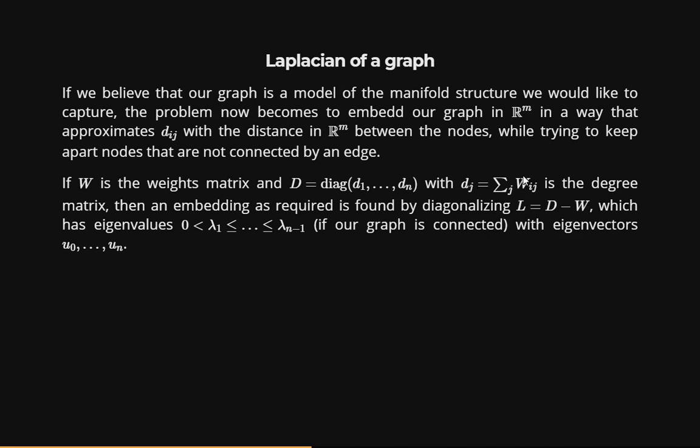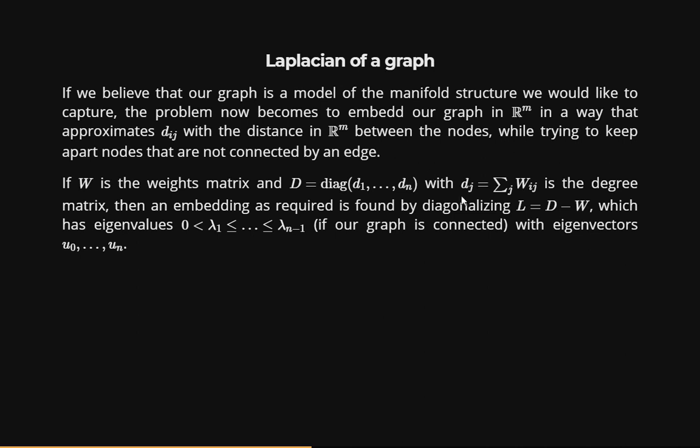And you compute D minus W. On the diagonal, W has all zeros because the distance from the jth point to itself is 0. So the weight is 0. You are subtracting, well, just think about W minus D. You are making it so that every row has sum 0 and every column has sum 0, because you are subtracting on the diagonal the sum of all the other elements on the row or column. It's the same because it's symmetric.